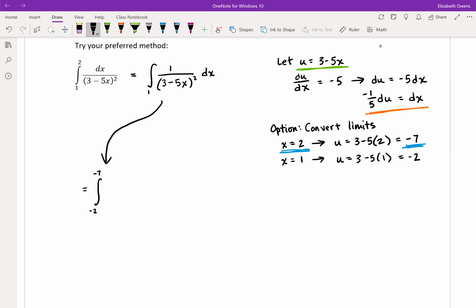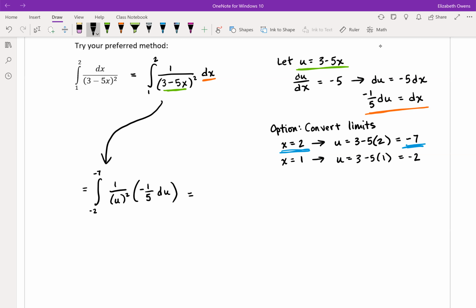We are just converting the numbers. So there's our limits, and then we would have 1 over u squared, and dx here is going to get replaced with negative 1/5 du.